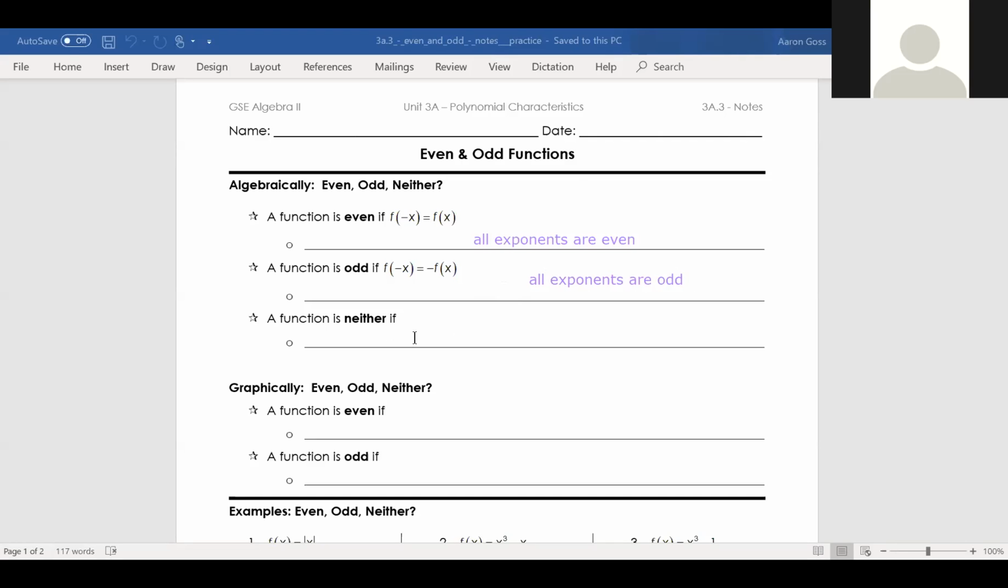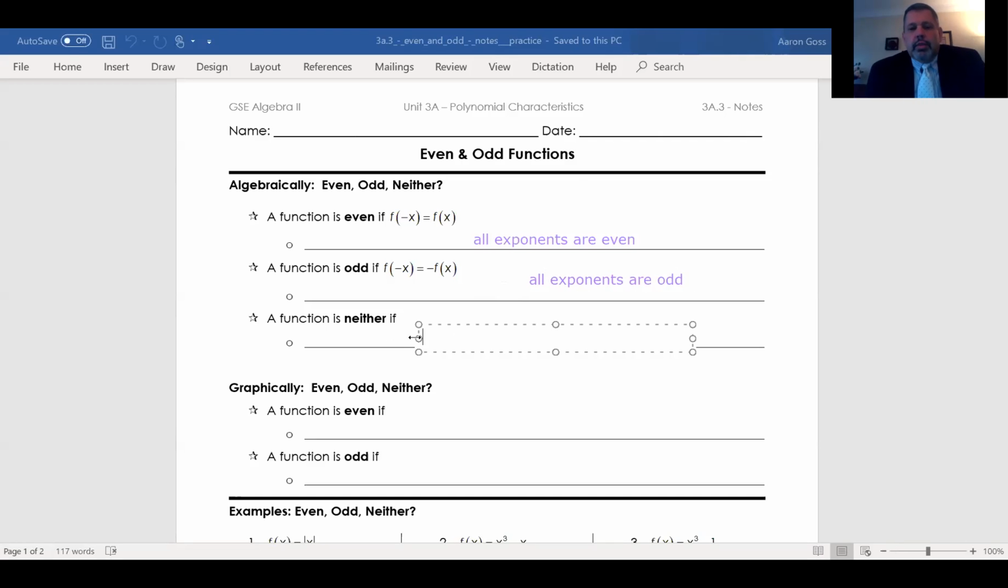And how about this one, KJ? What's neither? When neither, they have both odd and even. Yep. Right, they have both odd and even.